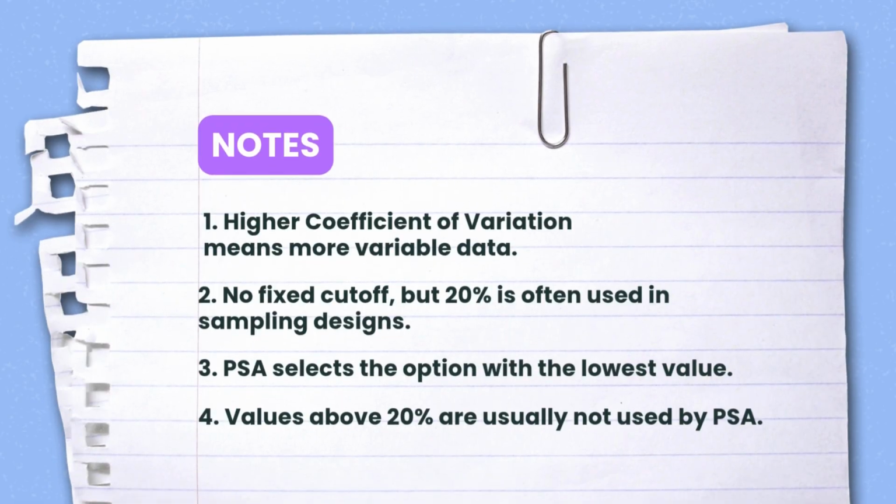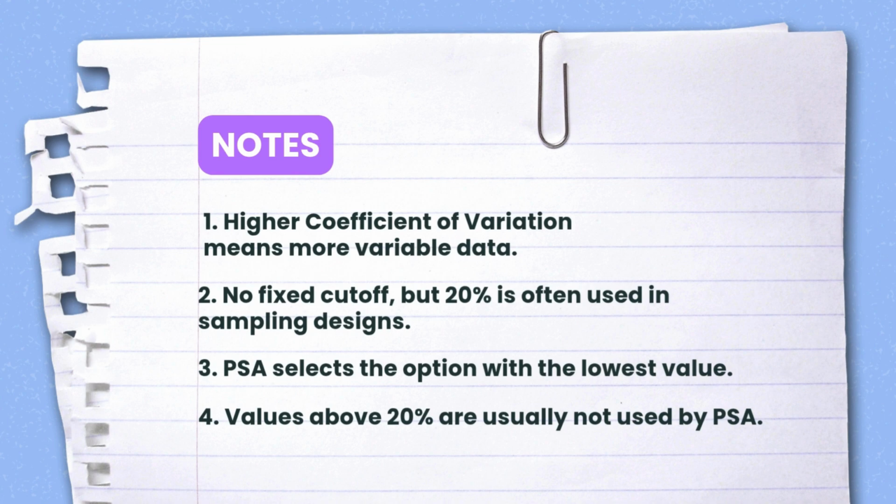Here are some things to note about the CV. First, the higher the CV, the more variable it is. And second, there is no uniform cutoff for the CV, but some statisticians or researchers use the 20% cutoff point, especially when dealing with sampling designs. Whenever the PSA selects a particular sampling design in estimating their indicators, they select the sampling design with the least CV in the estimation.